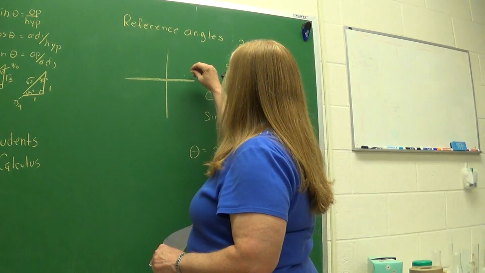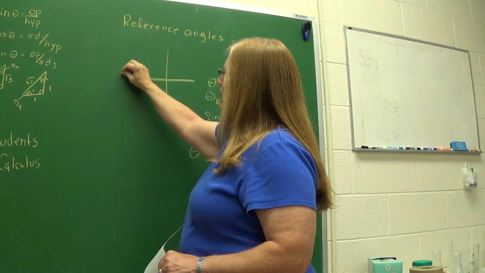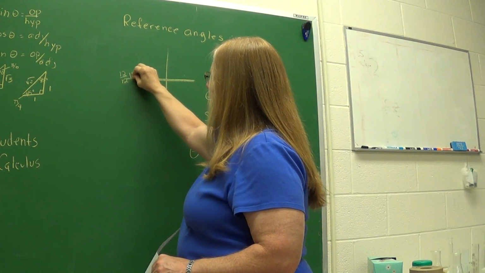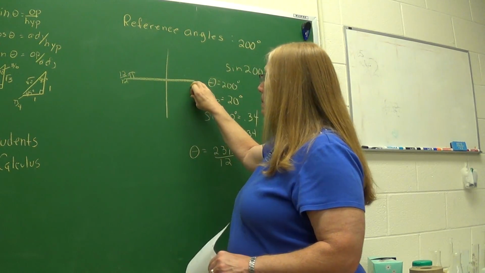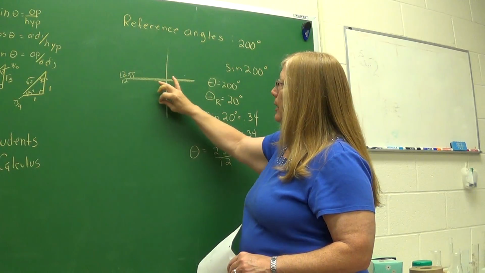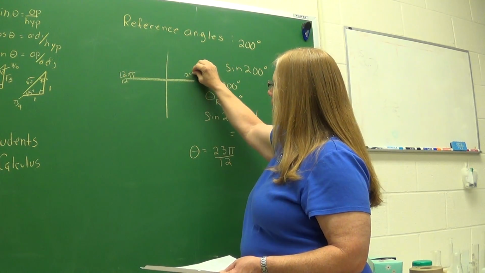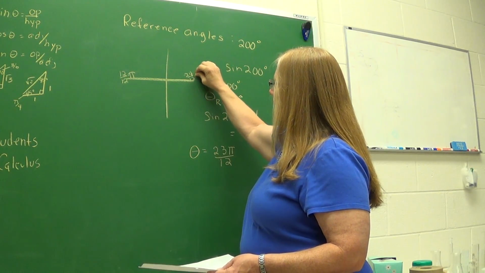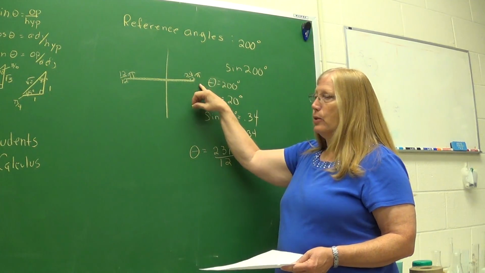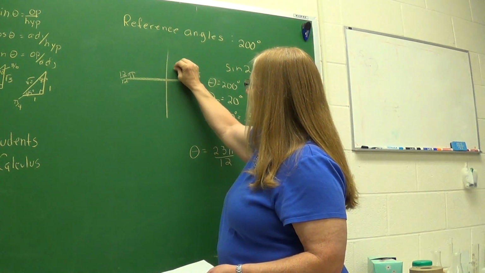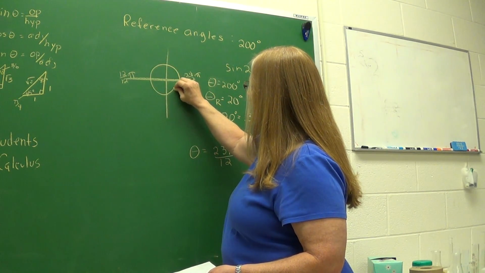Since this is in 12ths, I can find it fairly quickly because this is pi radians, so that's 1 pi, so that's 12 over 12. And this is 2 pi radians if I go all the way around. So 2 in 12ths would be 24 twelfths. I can see if this is 24 twelfths, then 23 twelfths would start here and go almost all the way around.